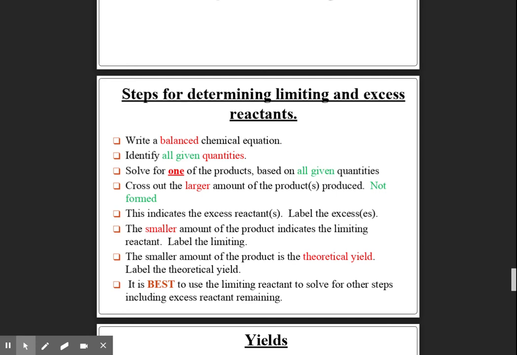If A and B produce C, for example, so C is my product, I figure out how much product I can make based on A. Then I also go back and figure out how much product I can make based on B. So think about the car example. If I have 2 engines, I can make 2 cars.